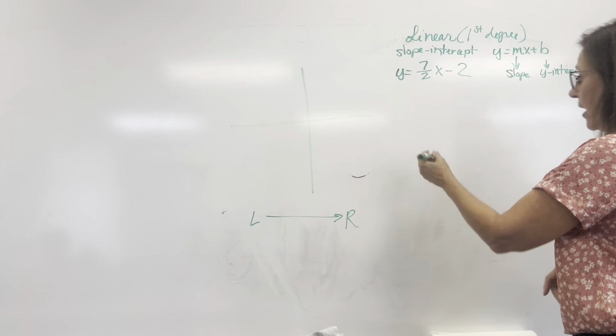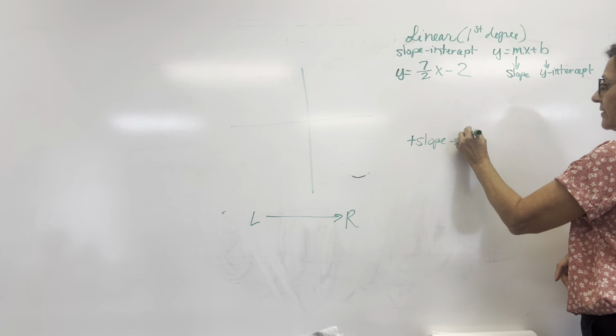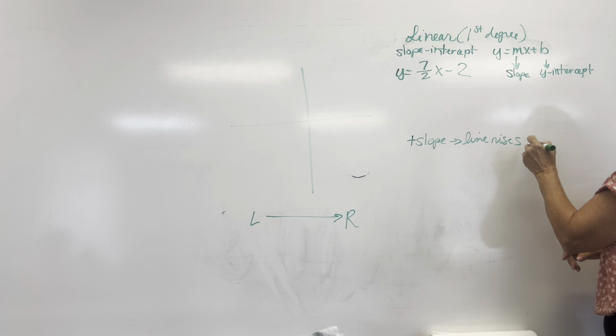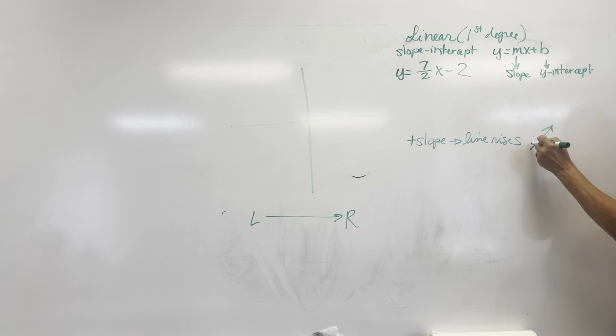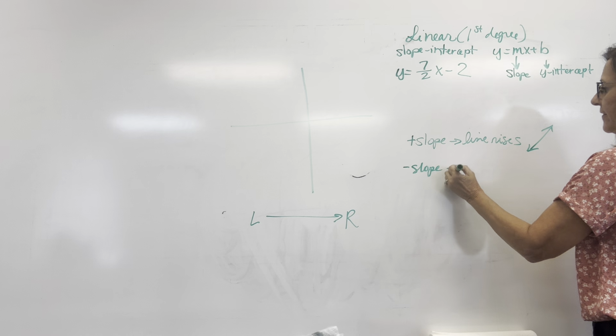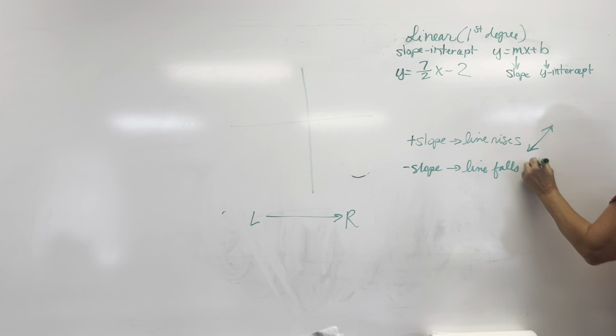So, a positive slope, the line rises. So it's always going to look like this. Left to right, it rises. If you have a negative slope, then the line falls. It falls from left to right. Okay?